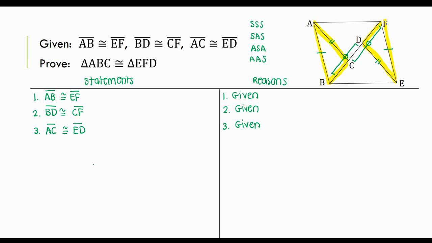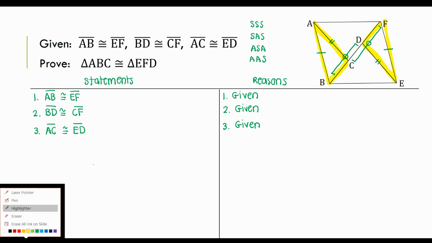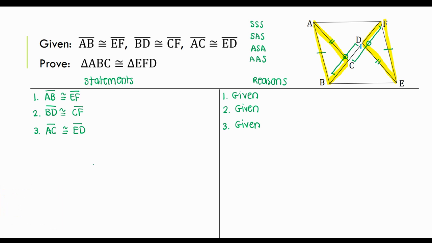But because I can then see that those two actually overlap, if we look at where those two overlap, notice that they overlap right here with that smaller segment of CD. What happens if I was to take away what overlaps? Hopefully you notice that we would end up then with the 2 segments that are a part of the triangles that we're trying to prove congruent.